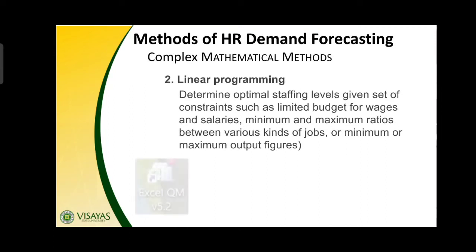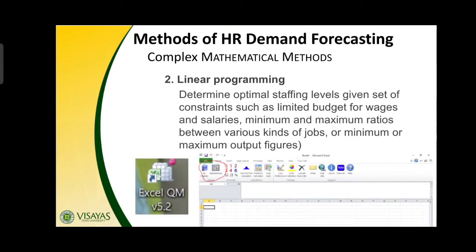You can use Excel QM. So, si Excel QM usa na siya ka application nga mo determine ana nga mga maximum and minimum ratios, no? This technique has been very useful for guiding quantitative decision making in business planning.